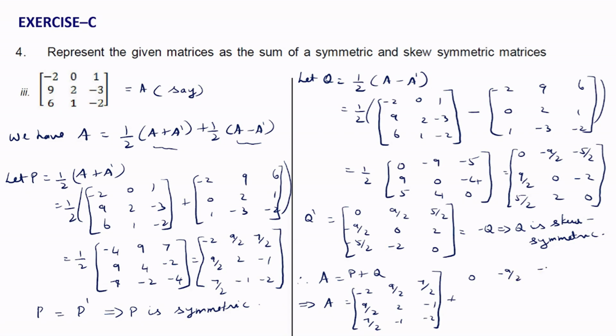Q is 0, minus 9 by 2, minus 5 by 2, 9 by 2, 0, minus 2, 5 by 2, 2, 0. So if we add these two matrices, we will get the matrix A.